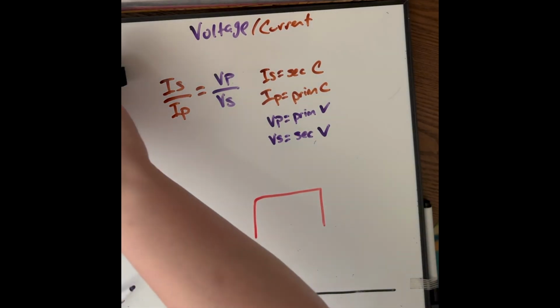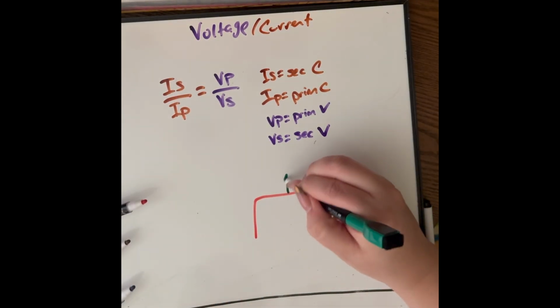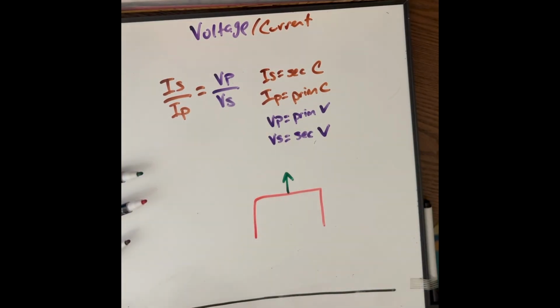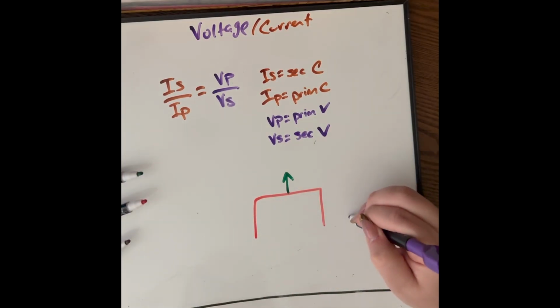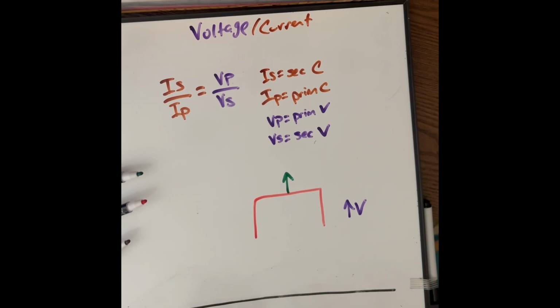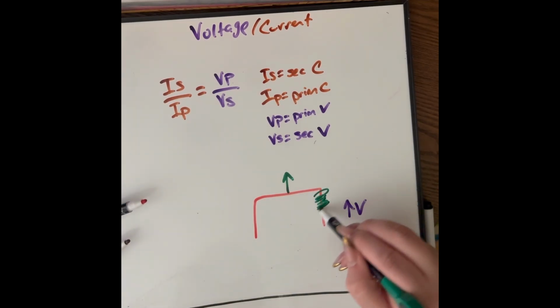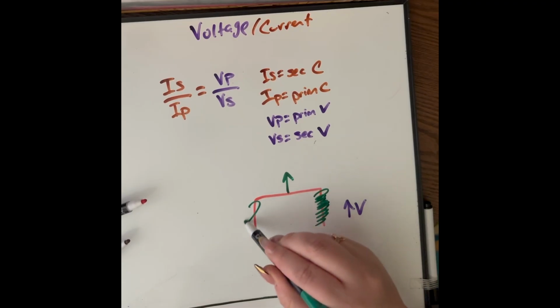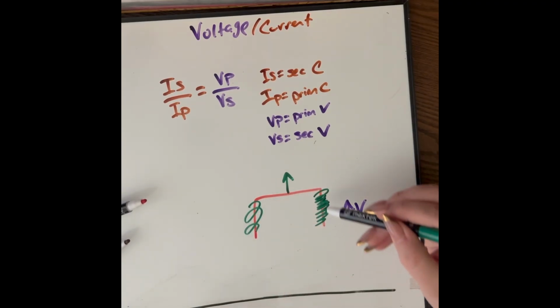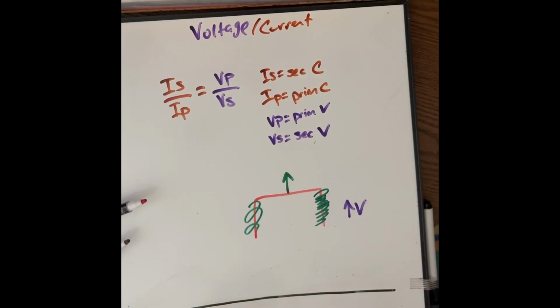If I have a step-up transformer, I am looking for a higher voltage on this side. We don't have to deal with windings, but if we were looking at windings, we would see more of them on this side than this side. They would be much closer together, more tightly wound.